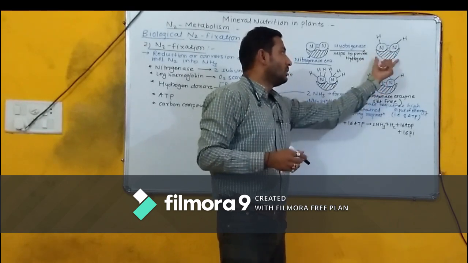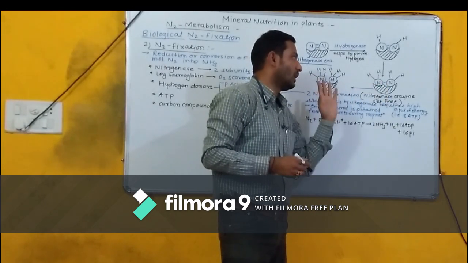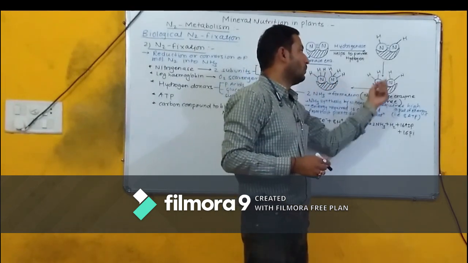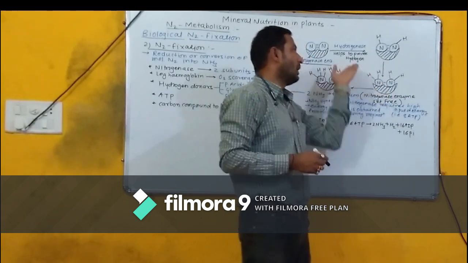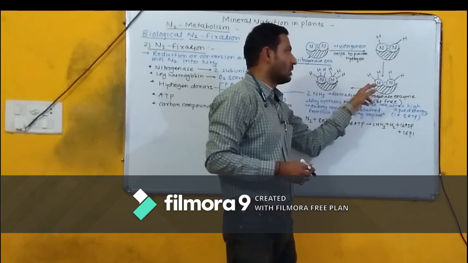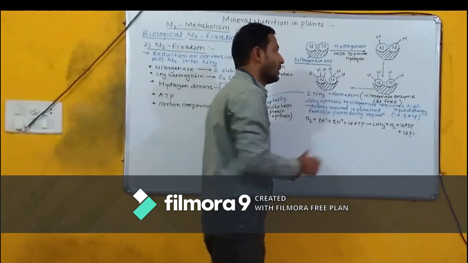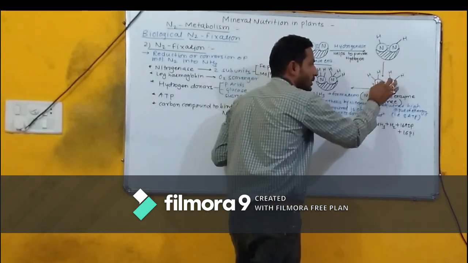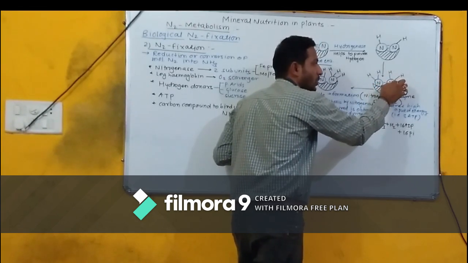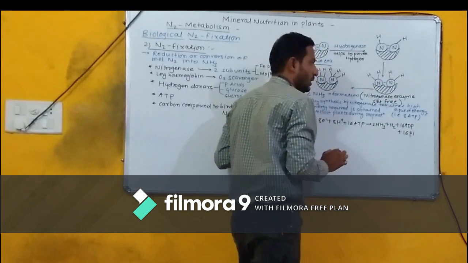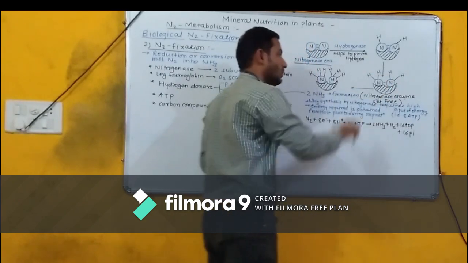Again, this nitrogenase has two nitrogen atoms, and one bond is left between them. Again, an electron is freed from this structure and one hydrogen is added here. Now two hydrogens are attached to one nitrogen atom, and only one bond remains in this structure.